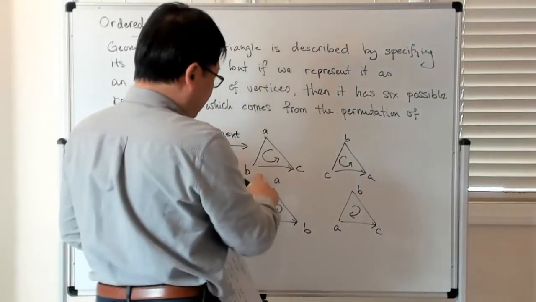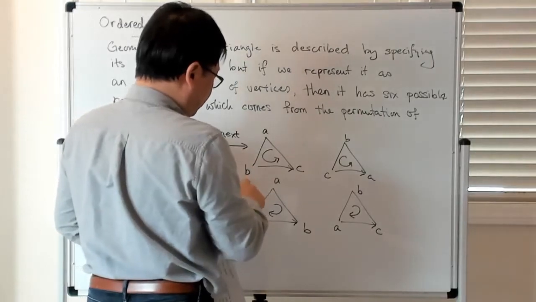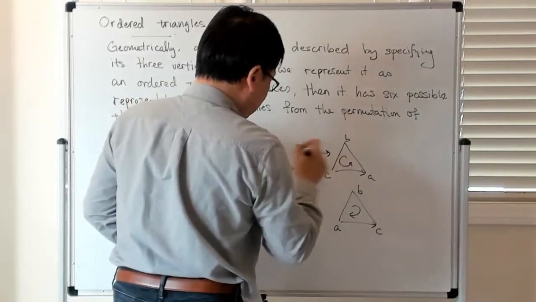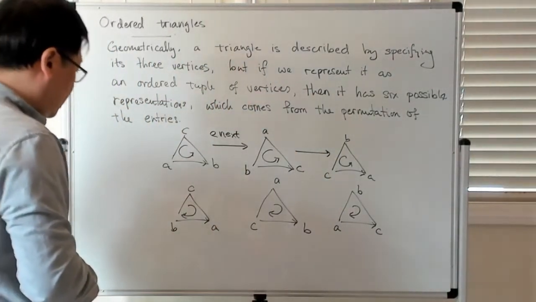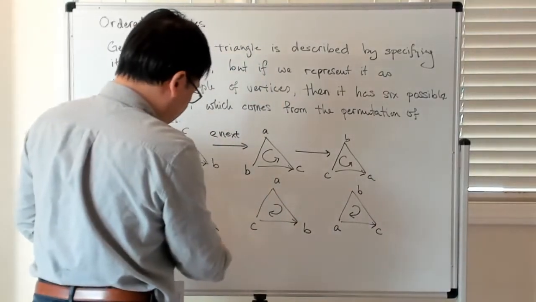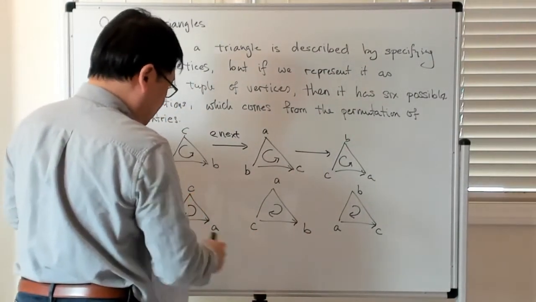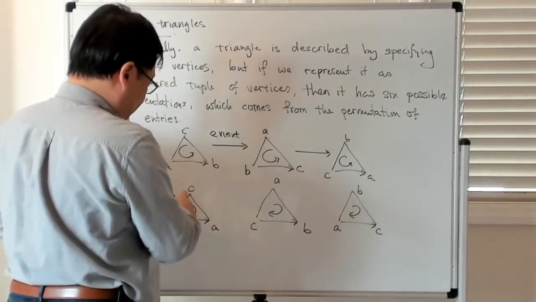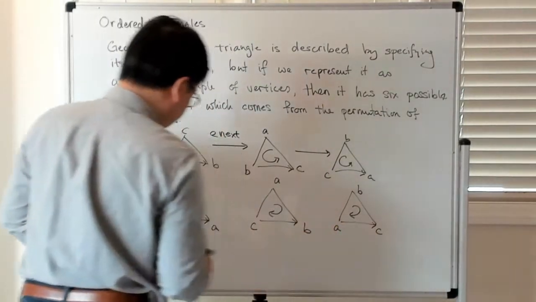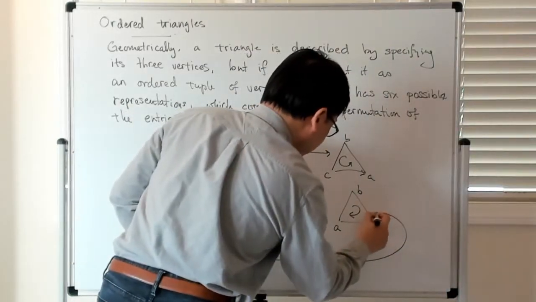Okay, and the same thing happens here. B gets mapped to C, C gets mapped to A, and A gets mapped to B. This moves it this way. Okay, and let's look at the similar thing here. B gets mapped to A, that's an A. C gets mapped to B, that's a B, and then A gets mapped to C, that's a C. So the operation goes this way here, right?